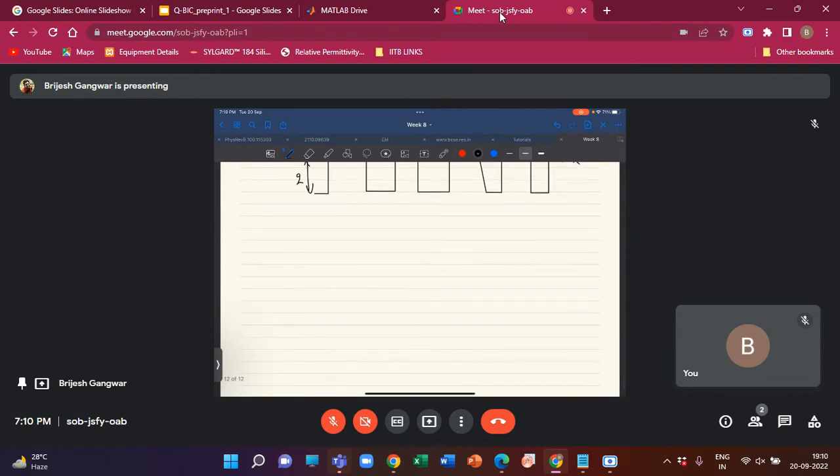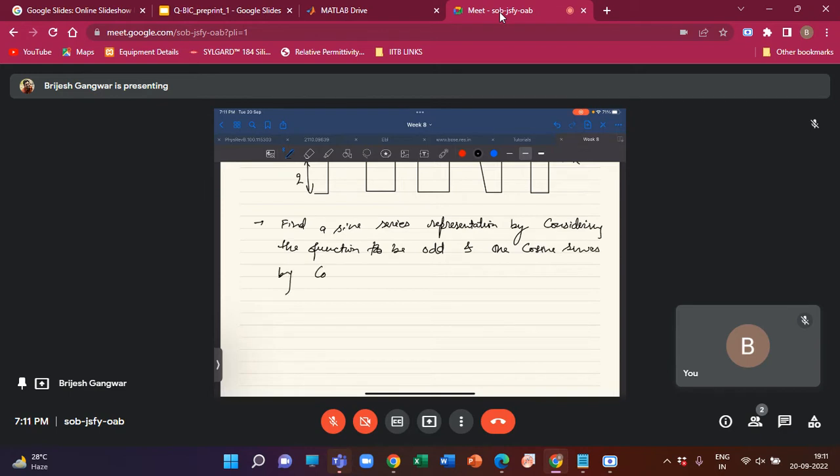So the question is: find a sine series representation, considering the function to be odd, and a cosine series representation, considering the function to be even.